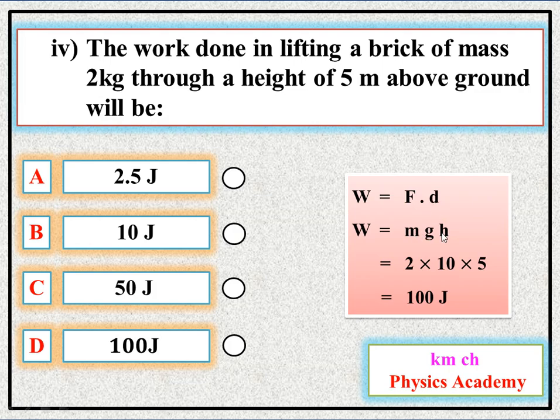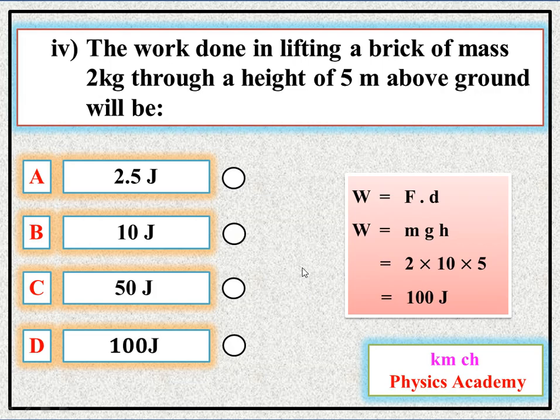D will be replaced by height, the height which we have to raise the brick up to. So work done is equal to mgh, where m is equal to 2, g is equal to 10, and h is equal to 5. So it is 100 joule. So our option D is correct, 100 joule.